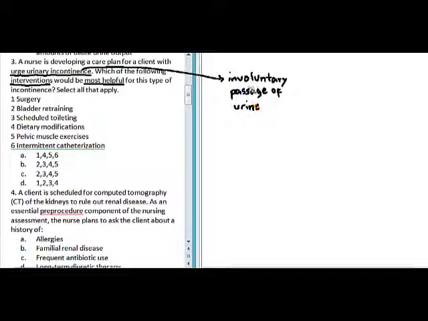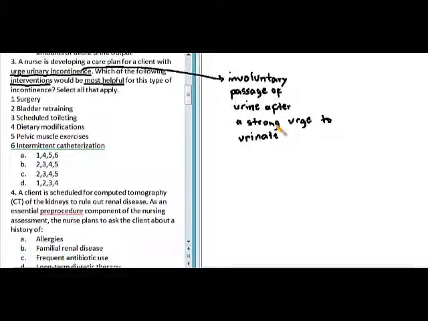Urge: after feeling the urge to urinate, involuntary passage of urine after a strong urge to urinate. This is urge incontinence.